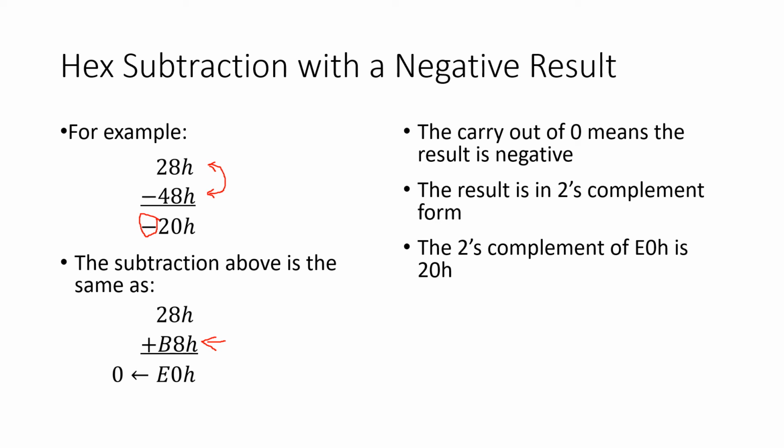The result of this addition gives us E0, and there's a carry out of the 8-bit group of 0. This carry out of 0 tells us that the result is negative, and it is in 2's complement form. If we find the 2's complement of E0, we find that it's 20. So performing this operation using 2's complement addition, or if you wish, 16's complement addition, we end up with the same result.